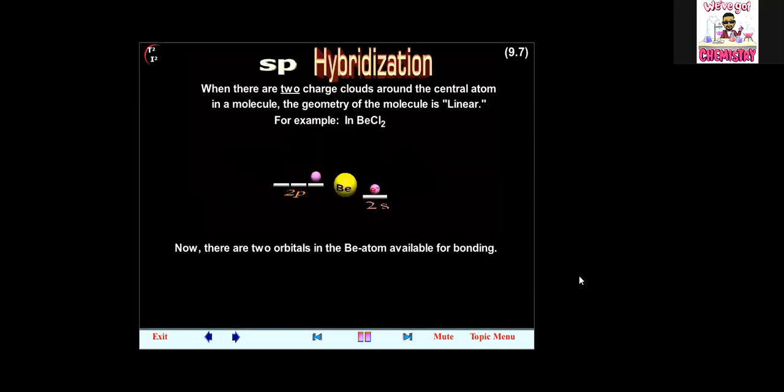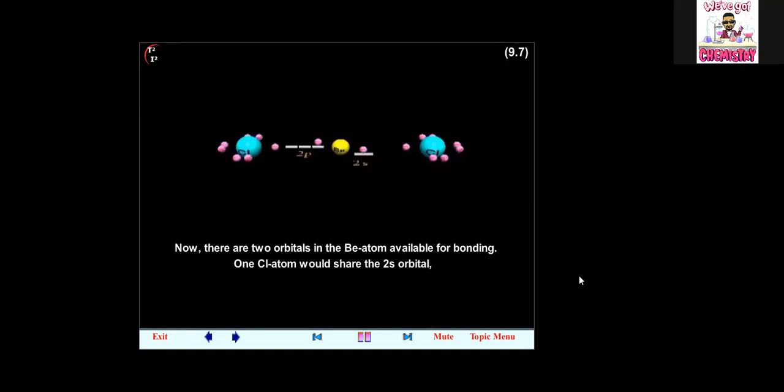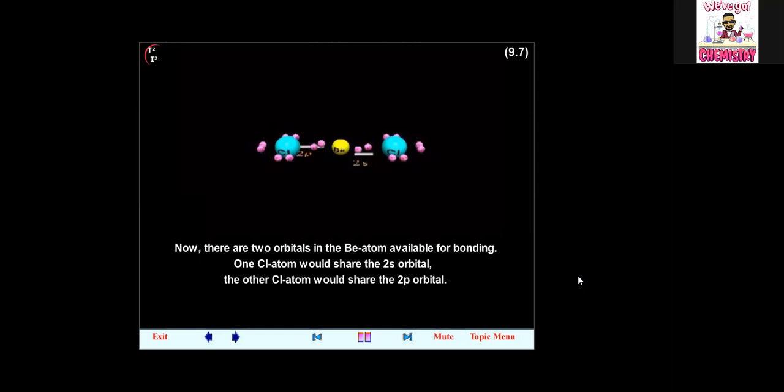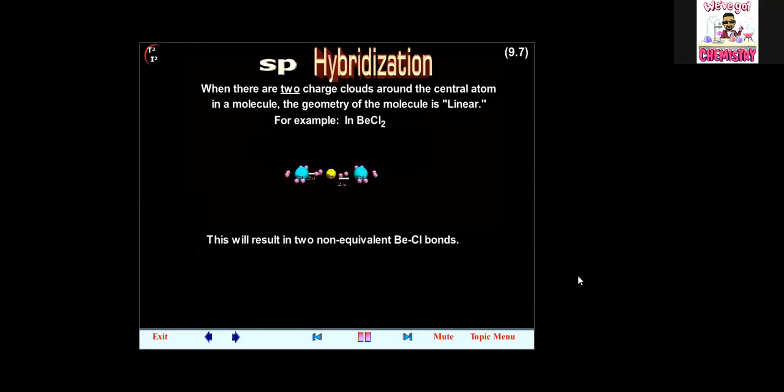Now there are 2 orbitals in the beryllium atom available for bonding. One chlorine atom would share the 2s orbital. The other chlorine atom would share the 2p orbital. This will result in 2 non-equivalent beryllium-chlorine bonds.